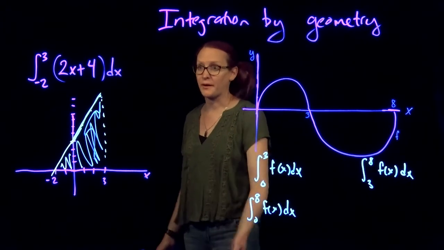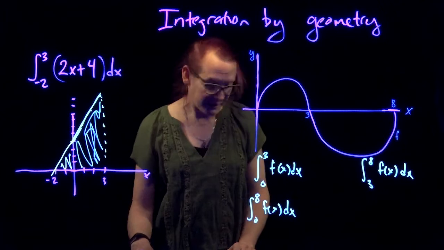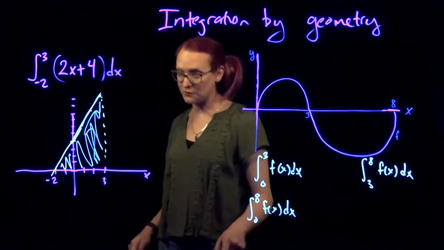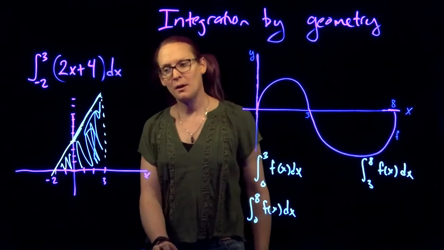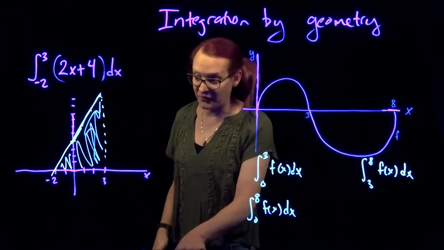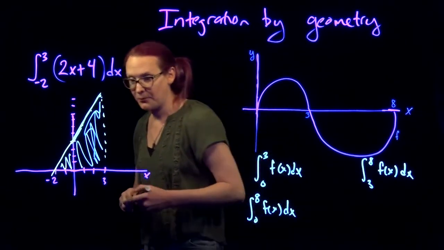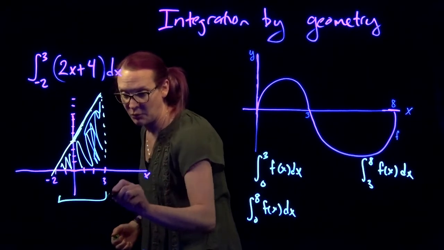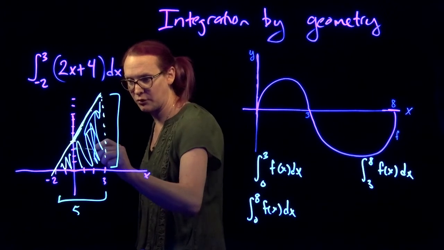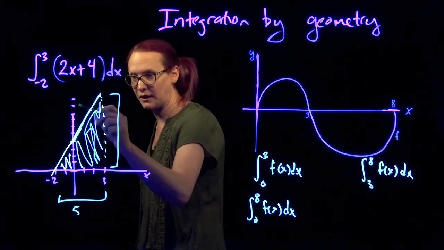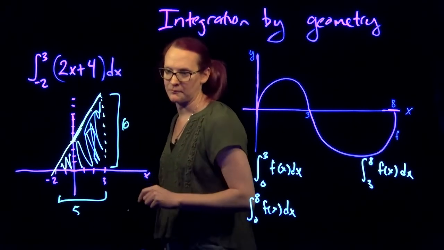So I can compute its area without having to do anything like the power rule for integration on this polynomial function. Not that that would be difficult. But I can do this by simple geometry by noting that this is a triangle with base 5 and with height, let's see here, 1, 2, 3, 4, 5, 6, 7, 8, 9, 10. Okay.